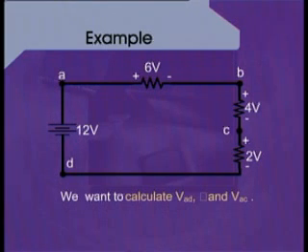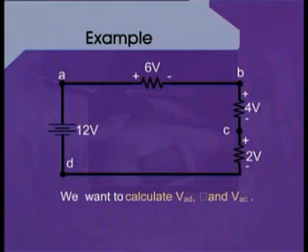Now, if you see onto the slide, we have marked this circuit with points A, B, C and D. Starting from A, we can see that the first resistance has been provided with a voltage drop across it having a value of 6 volts.